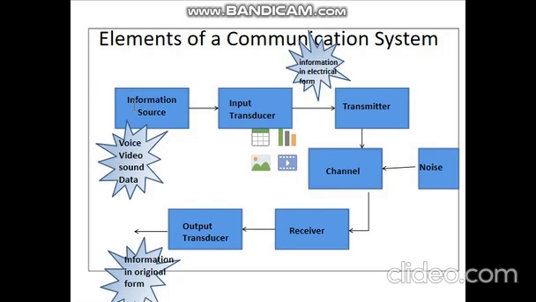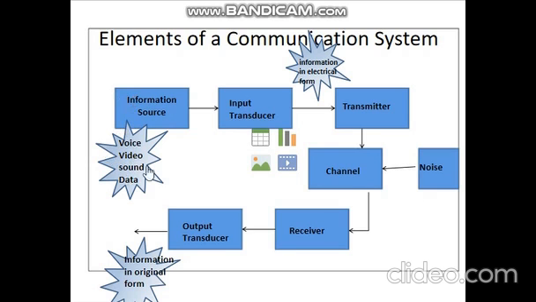So what do you mean by information source? Information source here means the signal that has to be transmitted to the destination. It can be in the form of voice, video, sound, or data.